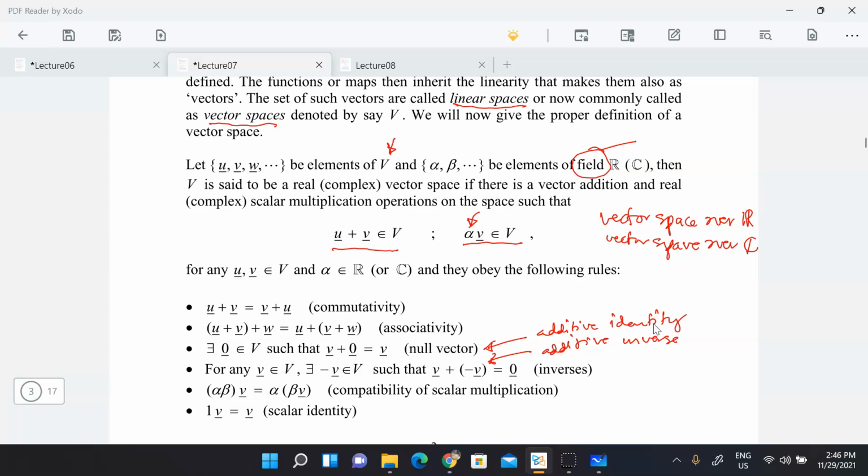With respect to scalar multiplication, you have compatibility of scalar multiplication, because you can multiply between scalars, and a composite scalar multiplying a vector is the same as consecutive multiplication of the scalars to the vector. So compatibility of scalar multiplication must be there.